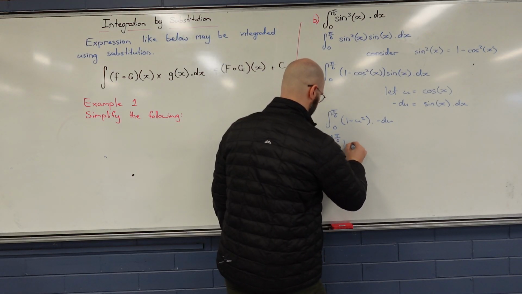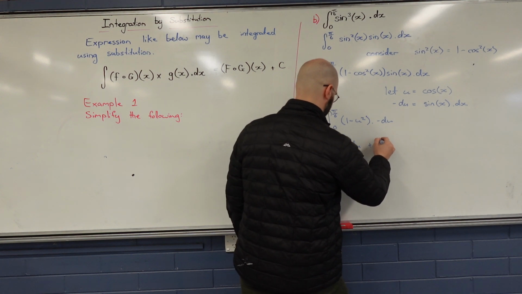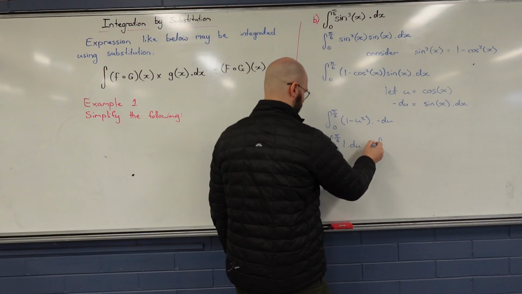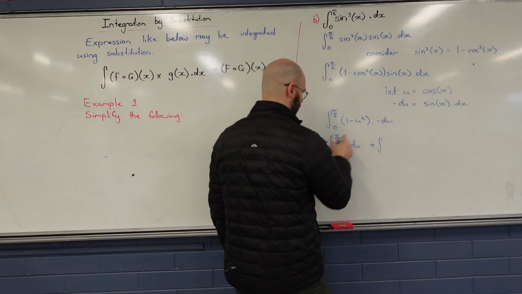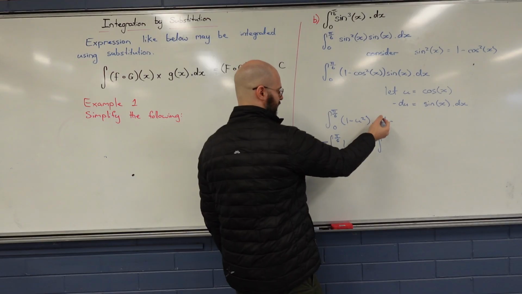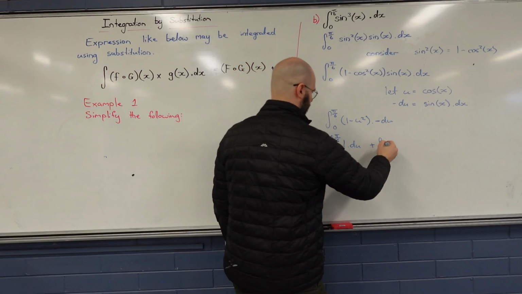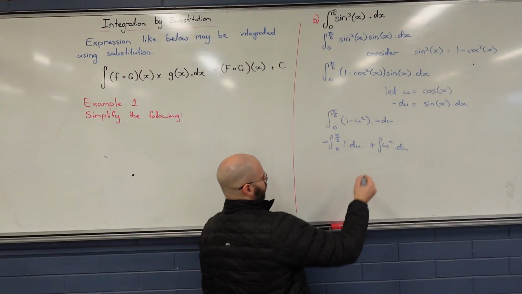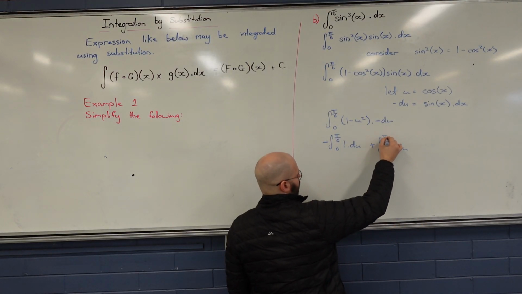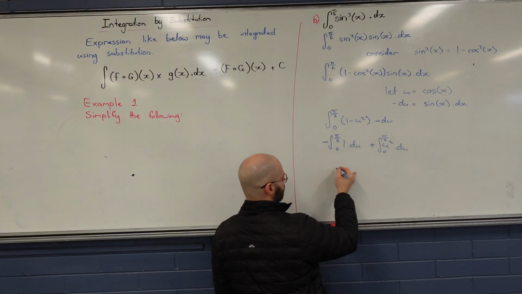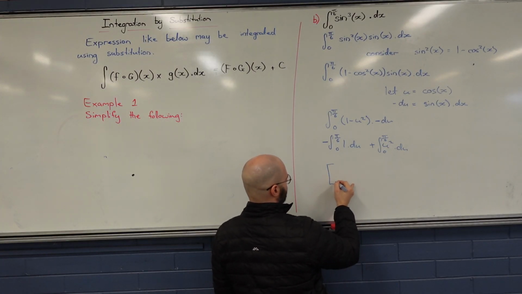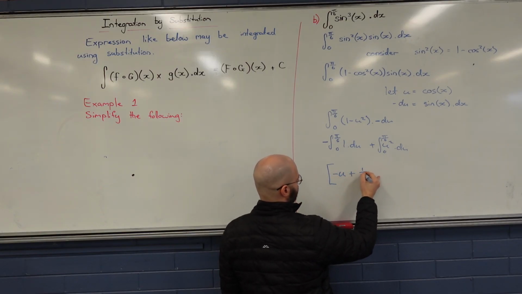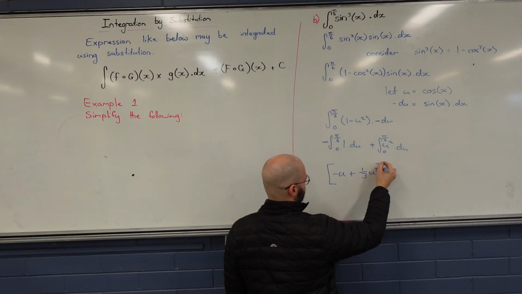We're going to get 1 du, plus, actually, that one's going to be minus because there's a minus on the du, then it's going to be u squared du. We can easily do these integrals. It's going to be minus u plus 1 over 3 u to the 3.